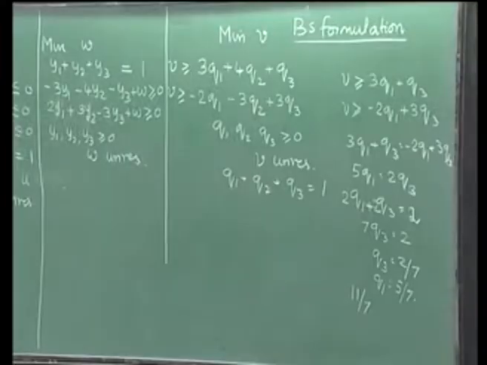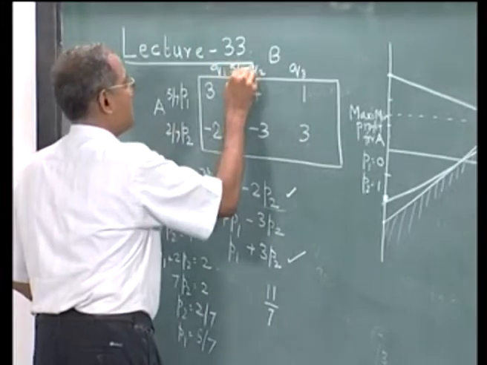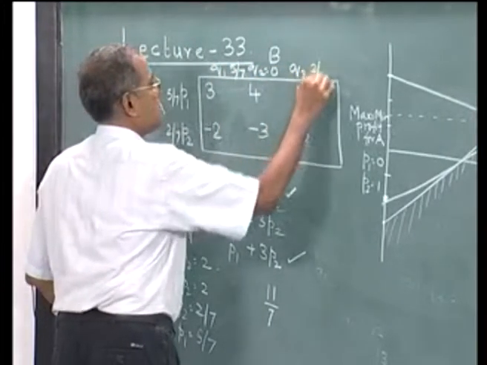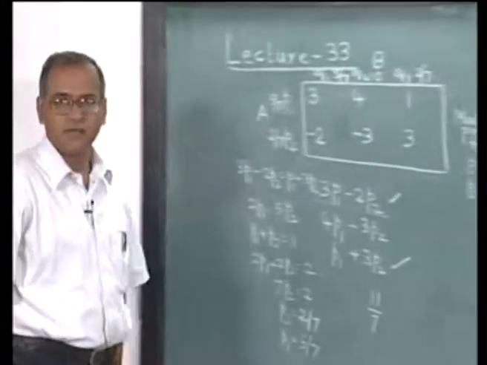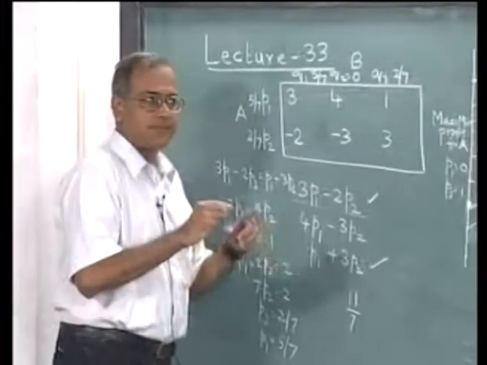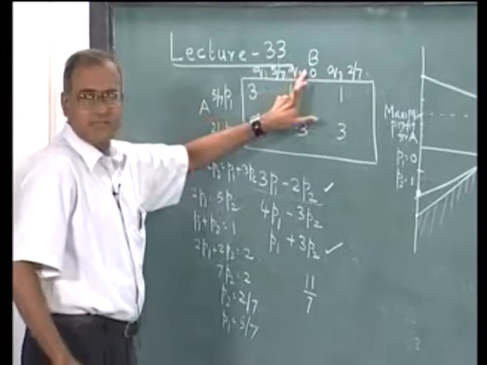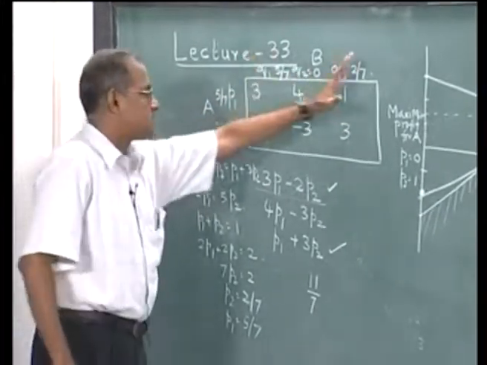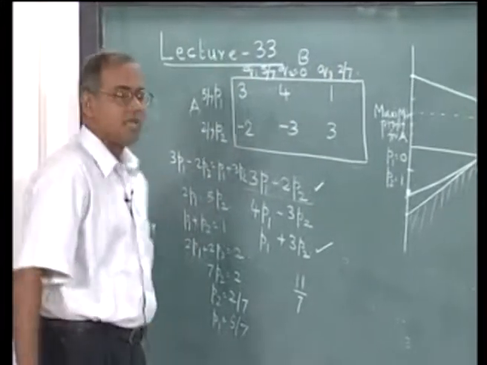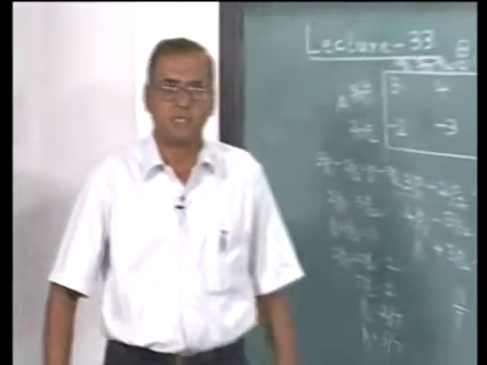It turns out for B that Q1 is 5 by 7, this is 0 and this is 2 by 7. So B will be playing these two strategies, and B will not play this strategy. B will be playing these two strategies at proportions 5 by 7 and 2 by 7 respectively.